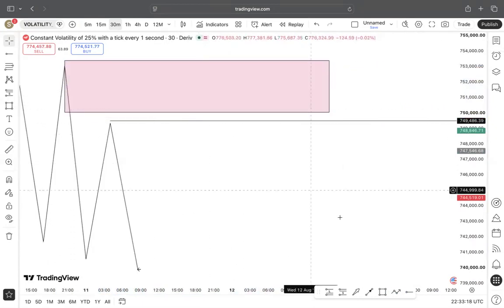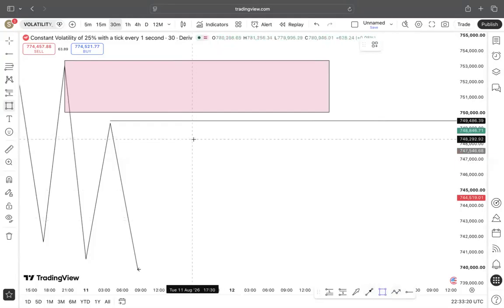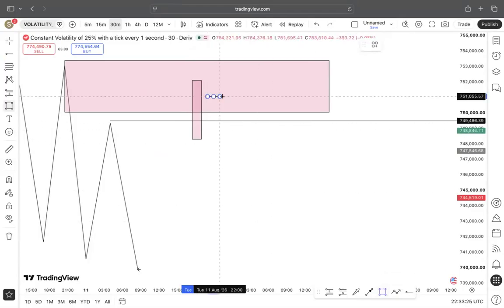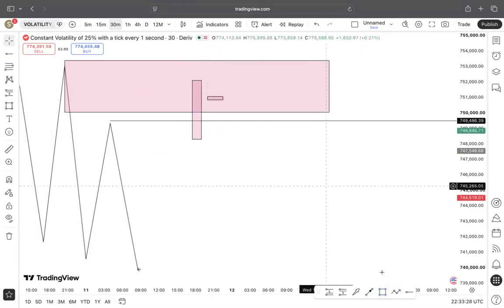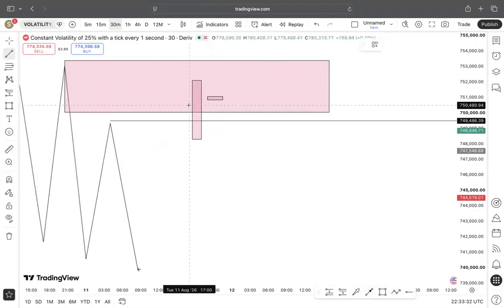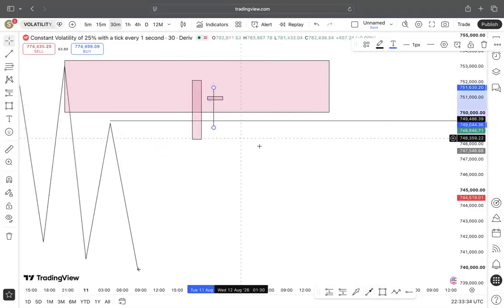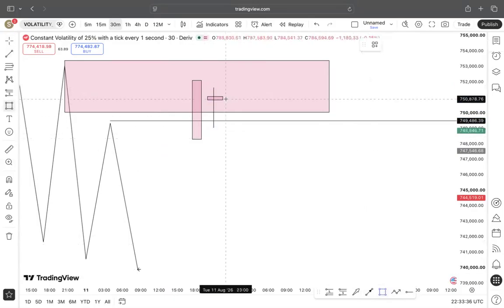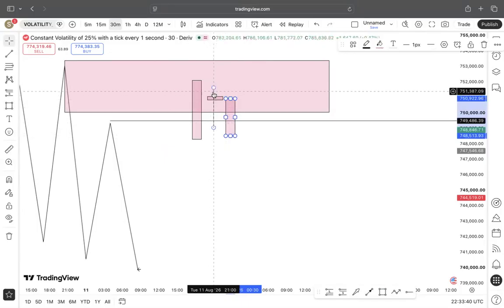The evening star. So I need to see a bullish candle, an indecision candle like this, and then a bearish candlestick that must close below this.